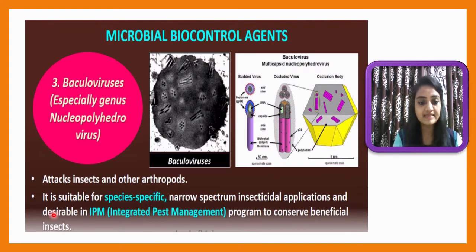So it is desirable in IPM, integrated pest management, a program which will conserve the beneficial insects. In this way beneficial organisms will be protected, whereas the harmful organisms will be killed. Such pesticides or biocontrol agents are called narrow spectrum insecticidal, and this is very desirable for the integrated pest management program.